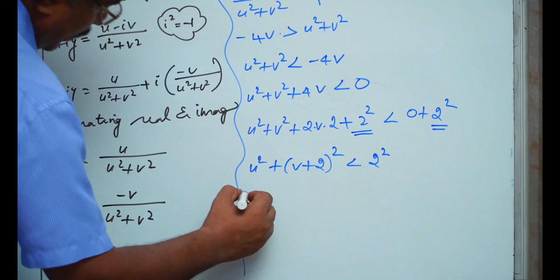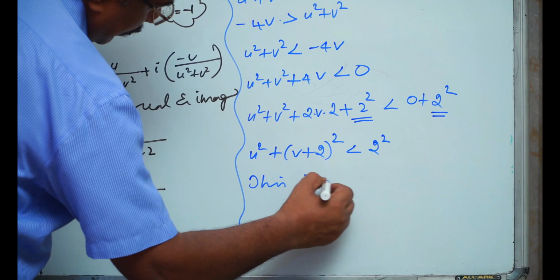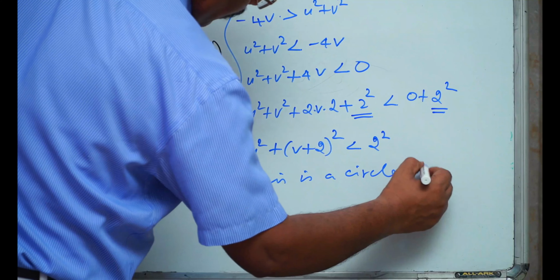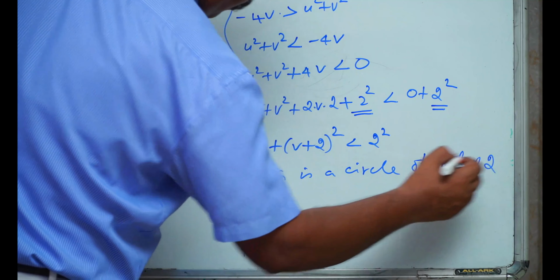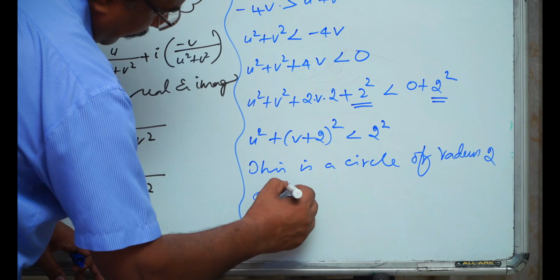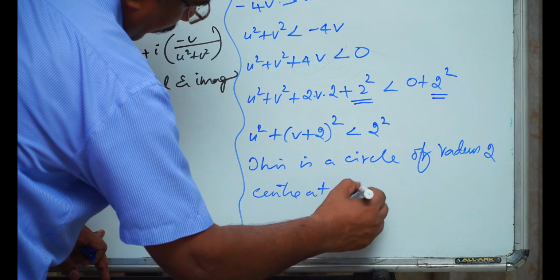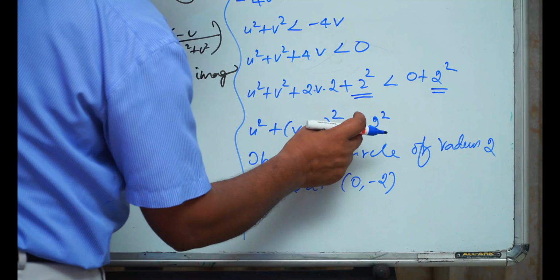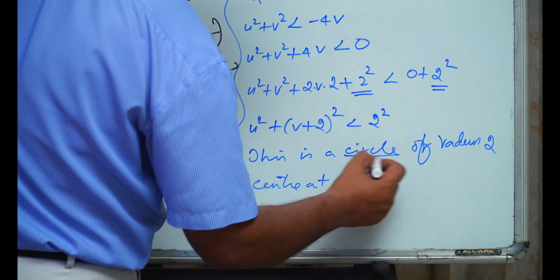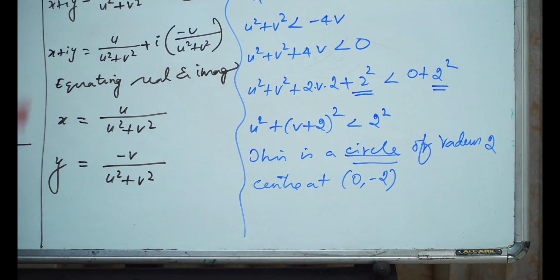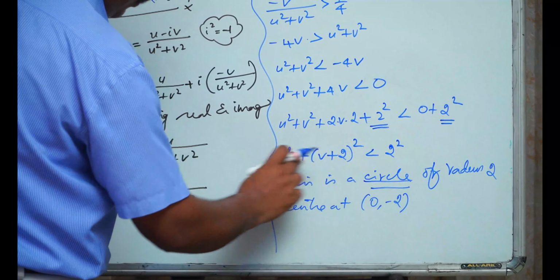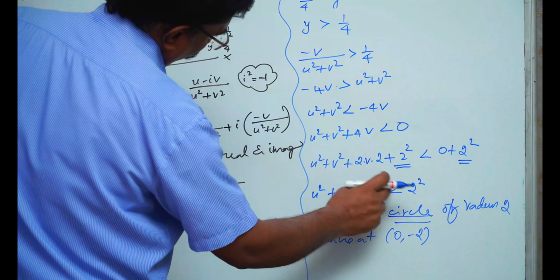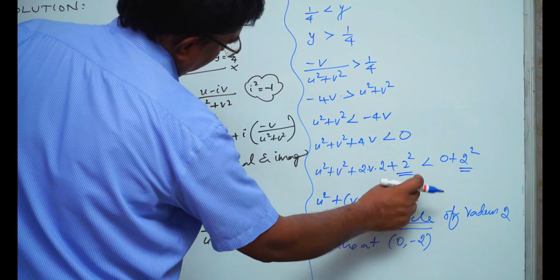This is nothing but a circle of radius 2 with center at (0, -2). Because of the less than symbol, it is the interior of the circle. I can draw the diagram later, you keep it in mind. This is a standard one: u² + (v + 2)² < 2² is the interior of a circle.